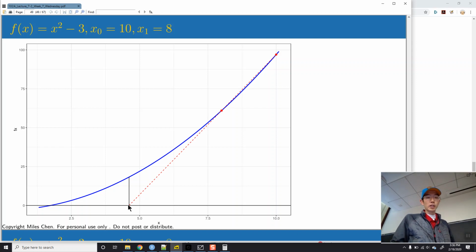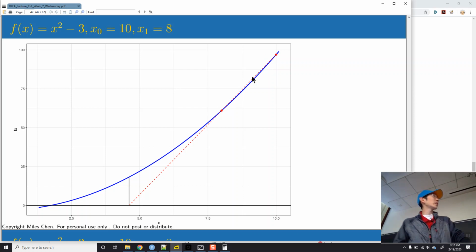It crosses the x-axis right here, and therefore that's the next value I'm going to use. This looks quite similar to Newton's method, except in Newton's method we drew a tangent line, which has a steeper slope and ended up over here. Here you can barely see it, but the line crosses the function itself. It's going to be more apparent on the next slide.